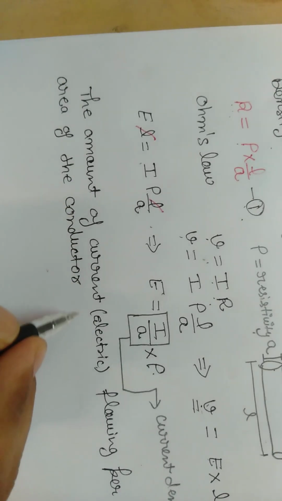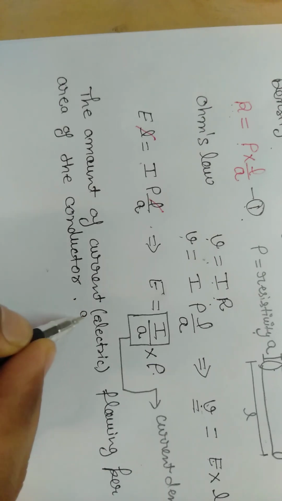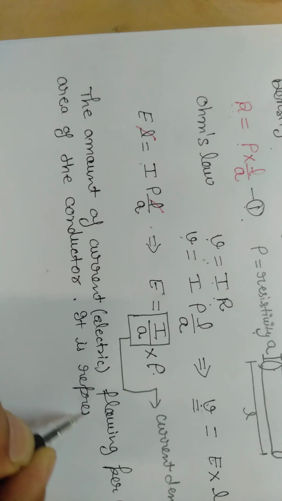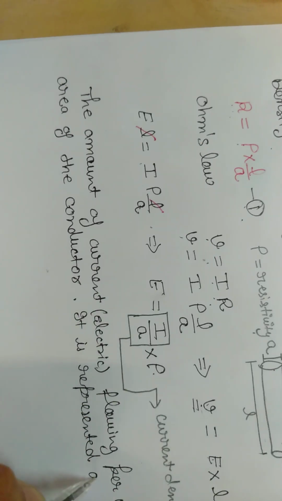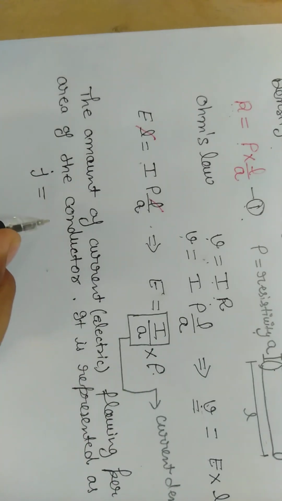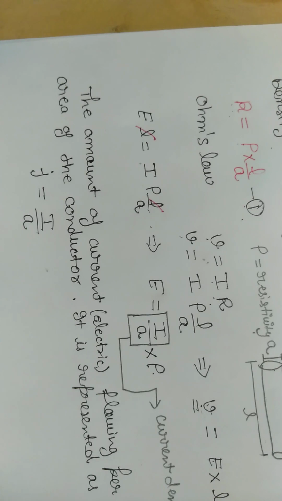It is represented as J, we can write a small j or capital J. Written as small j, your current density will be equal to the current upon the cross section area of that conductor.